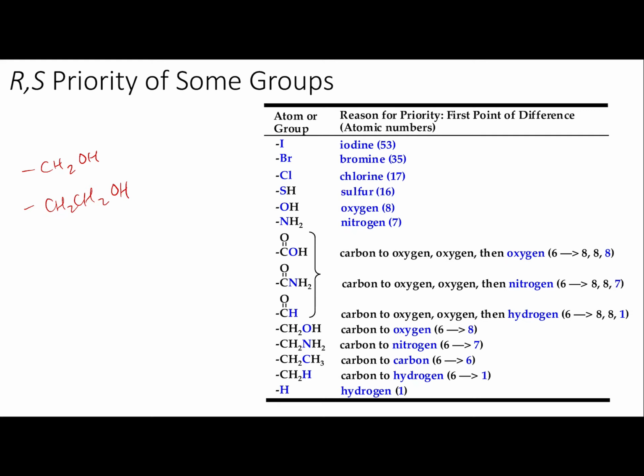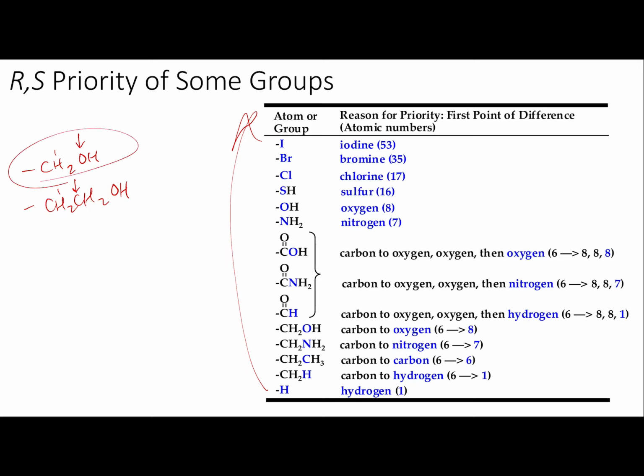If it's attached to something higher up on this list, then it has higher priority. If we get a tie, then we move on to the next one. Here, they're both attached to hydrogens, so tie. Then the next thing that the top one's attached to is an oxygen, where the bottom one has a carbon on it. So oxygen wins. Whoever gets a higher priority atom first, or you encounter it sooner, that's the higher priority.